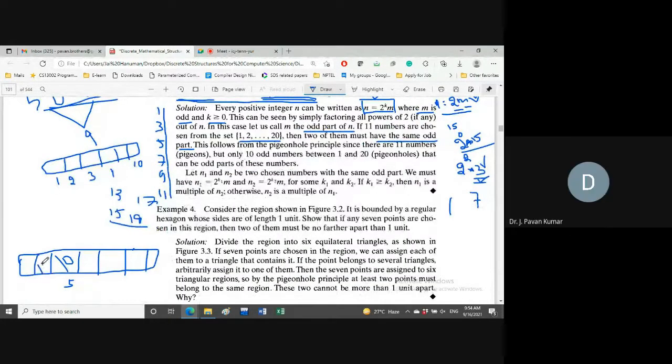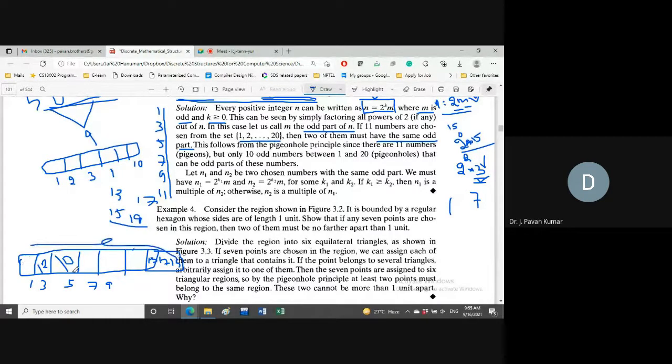So into 3 we will put it. Now consider 15. What's the odd part? 15 itself. So we will place it in 15. Next, 17, at 17 we will place. Next, 19, at 19 we will place.